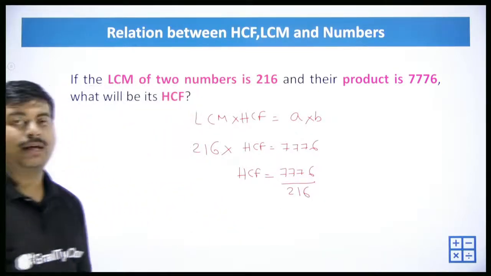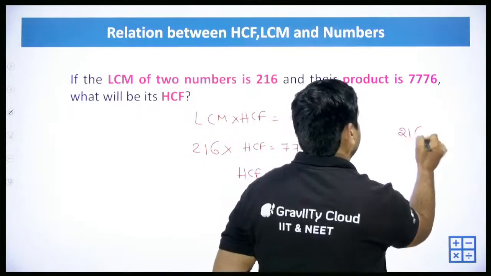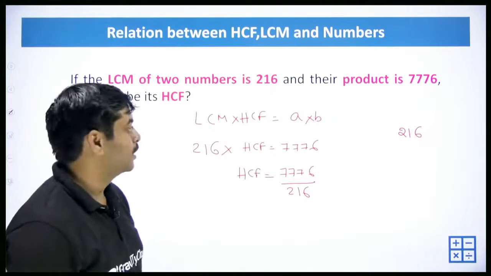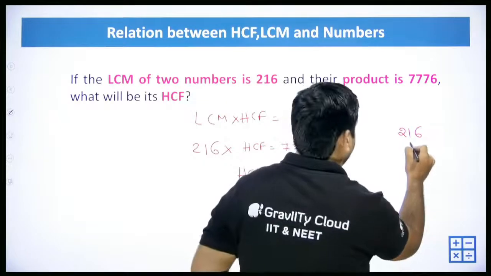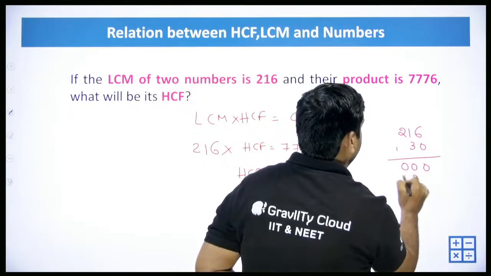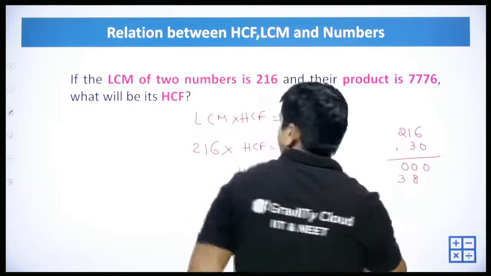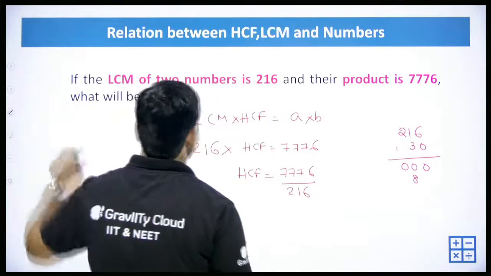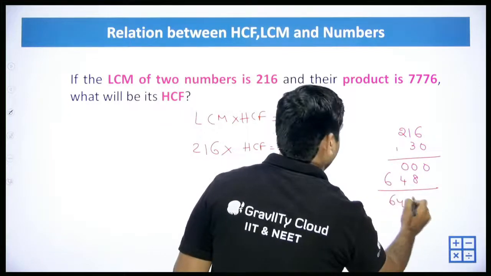7776 by 216, right? So now tell me how to cancel. Maybe 216 into 10s, 20s, 30. Let me try for 30. 216 into 30 becomes 6480, but still we are far behind.